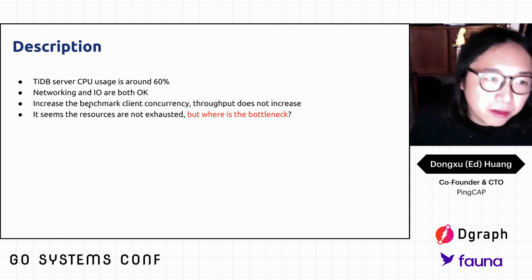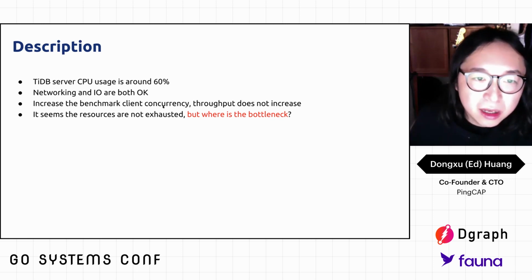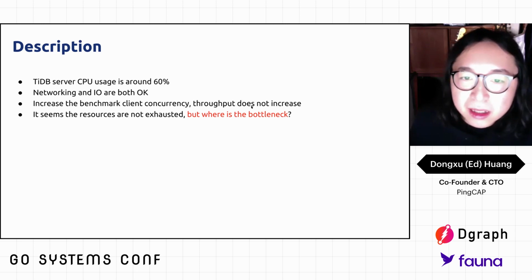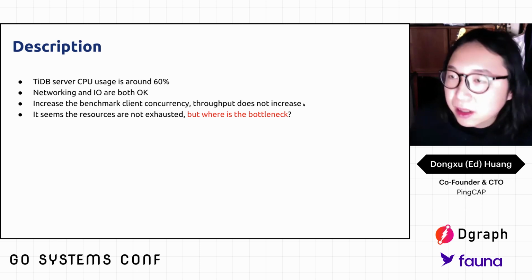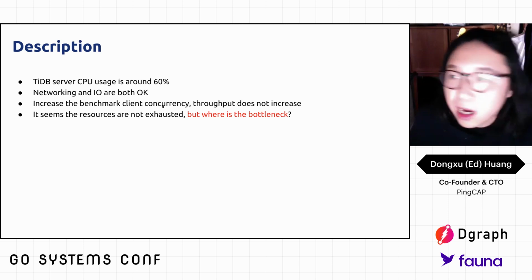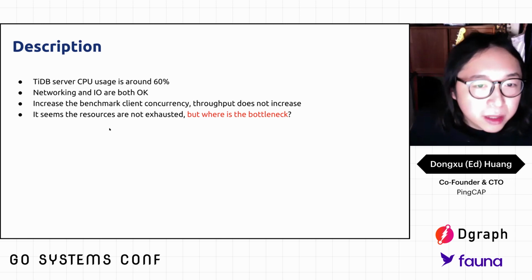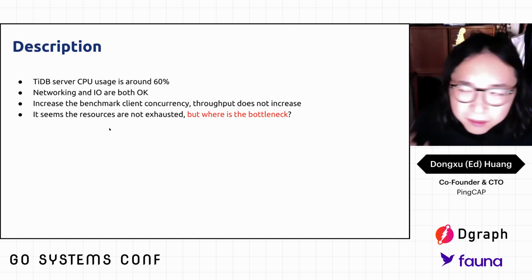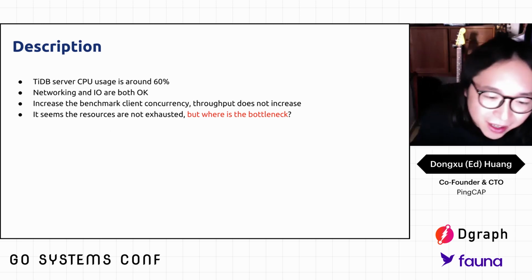We kept increasing the client concurrency, but the system throughput doesn't increase as the concurrency increases. So the resources are not exhausted, but where is the bottleneck in this case?